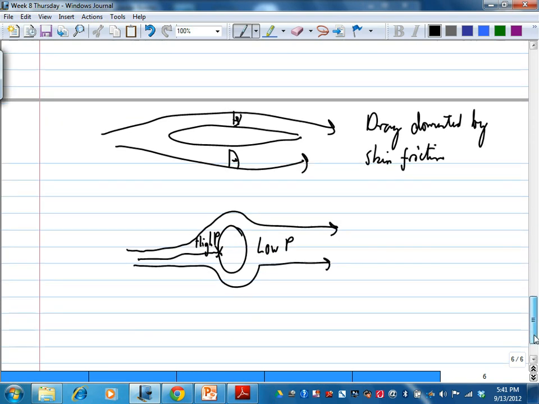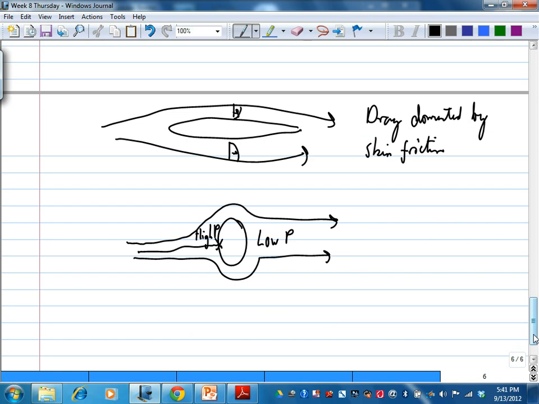For a blunt body, like a cylinder, a square, a building, anything else, yourself standing outside in the wind, it will look something like this, more or less. You feel high pressure at the front and a low pressure at the back.